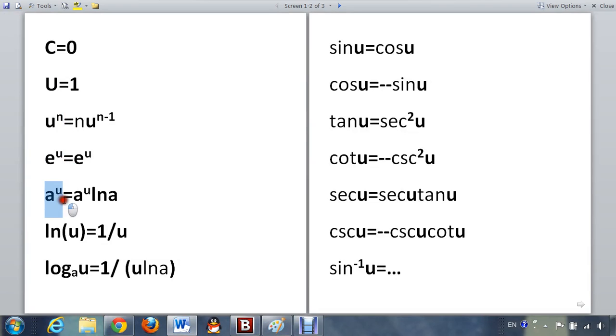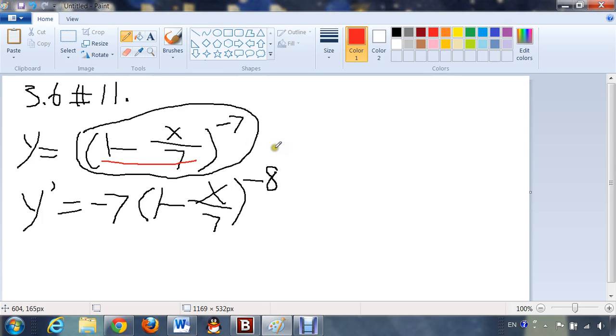E to that, definitely not. After you go through all of them, you find that nothing really looks like 1 minus x over 7. So you go back to the question and think, can I rewrite this expression in a different way so that I can find the rule?